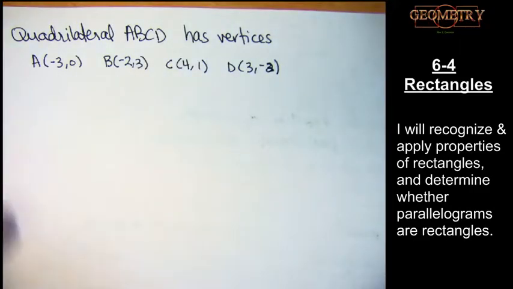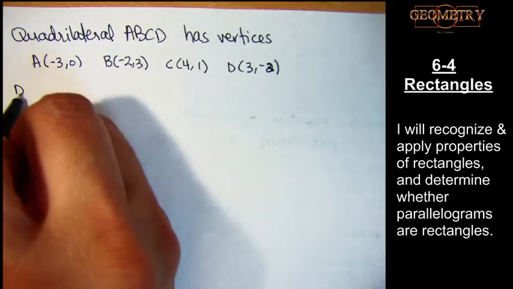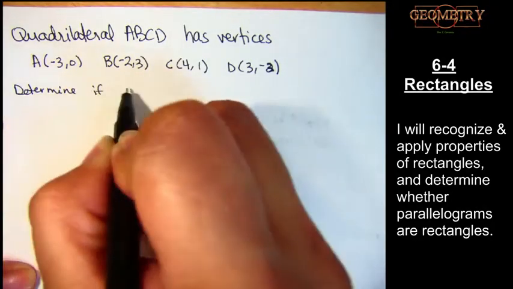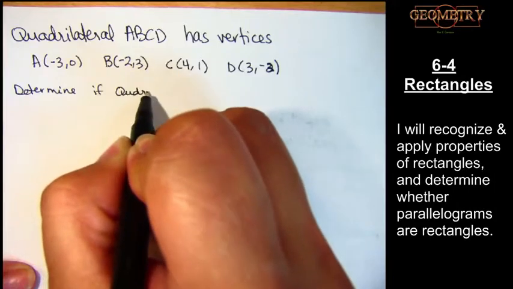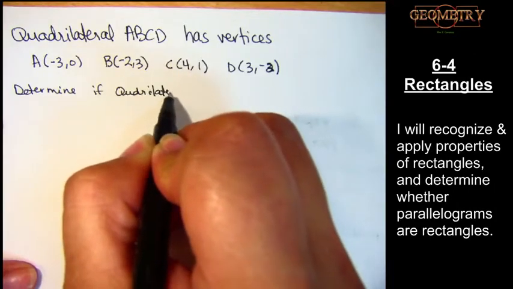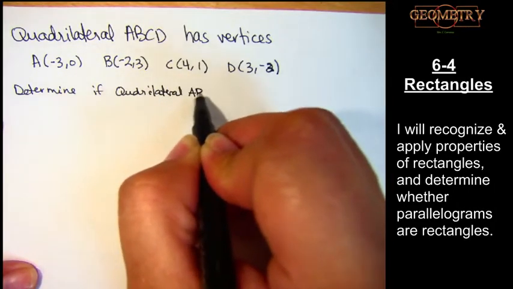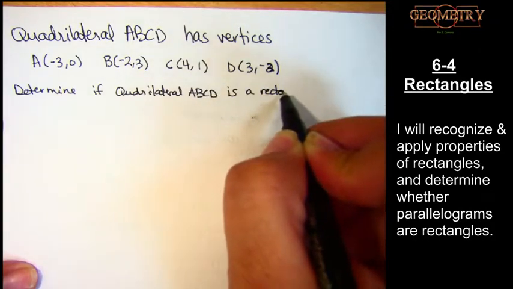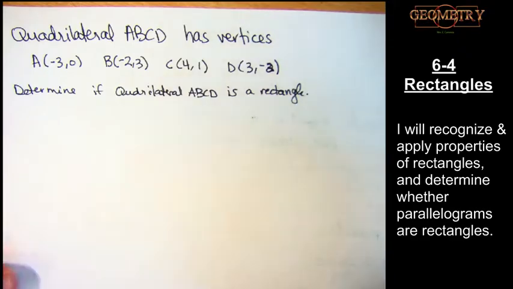And we've been tasked with this. Determine if quadrilateral ABCD is a rectangle. Because we are throwing a rectangle party.